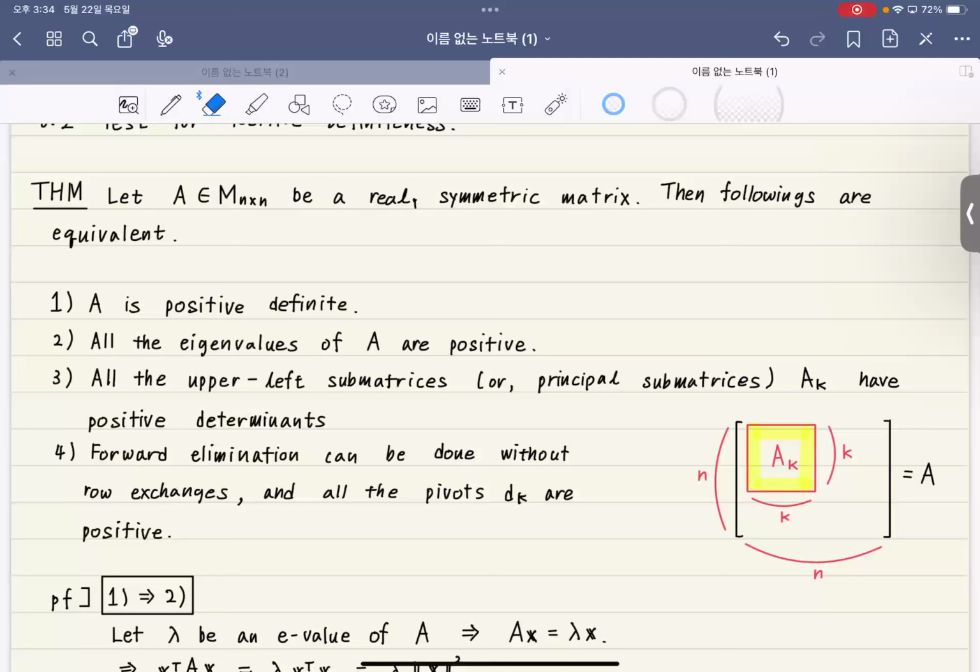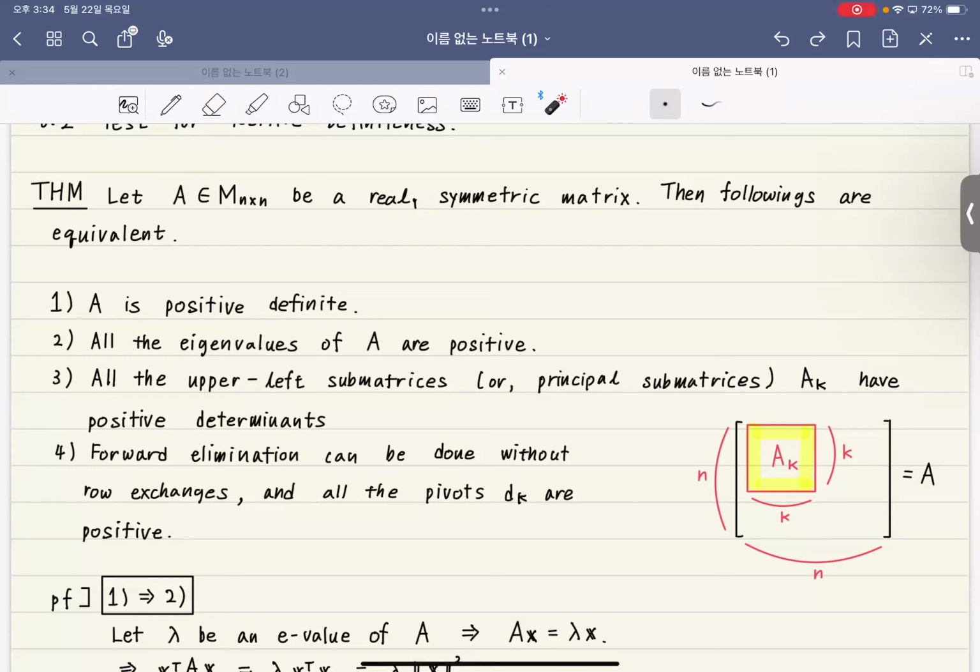I need to explain something about number 2. Since A is real and symmetric, because of the spectral theorem, A can always be orthogonally diagonalizable, right? And its eigenvalues must always be real.